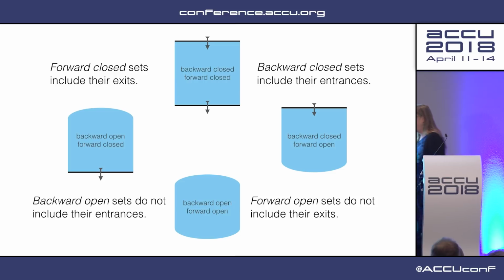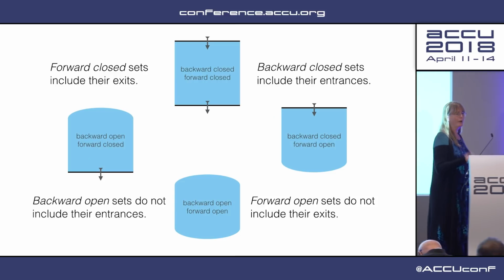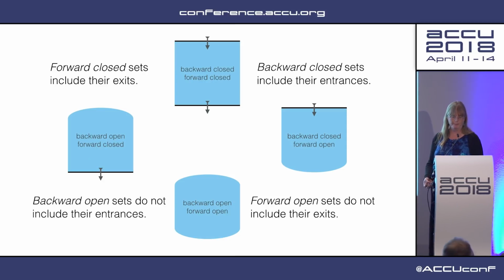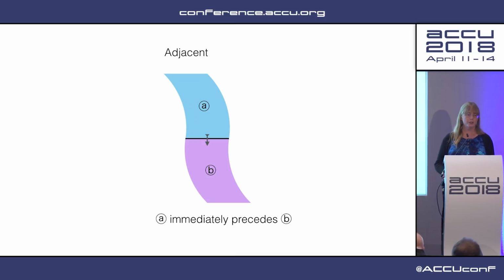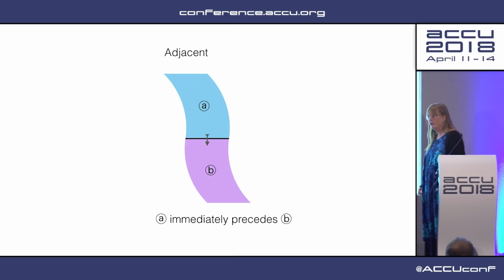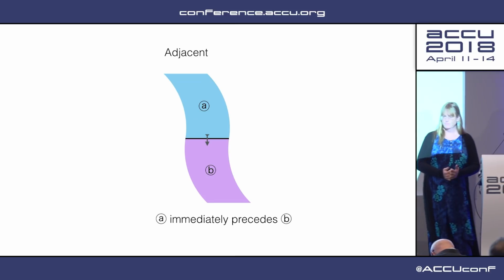And the neat thing about a bitopological space is it changes our idea of adjacency. Adjacency becomes directional. Sets are adjacent if they are exit to entrance.